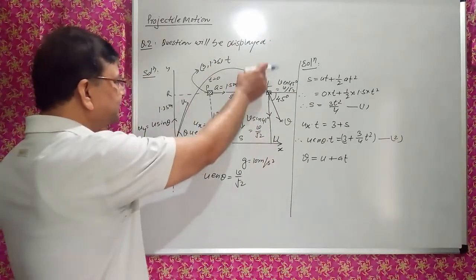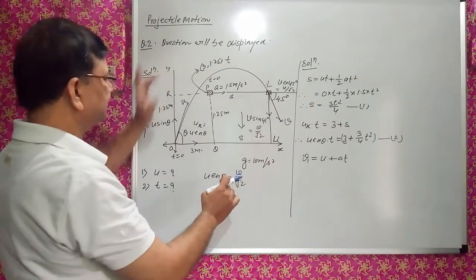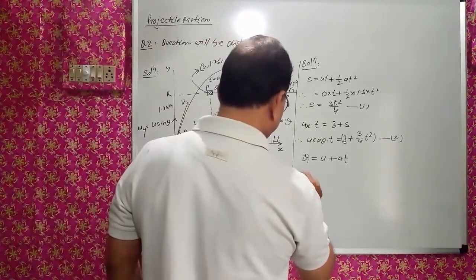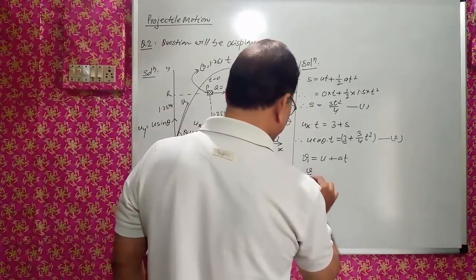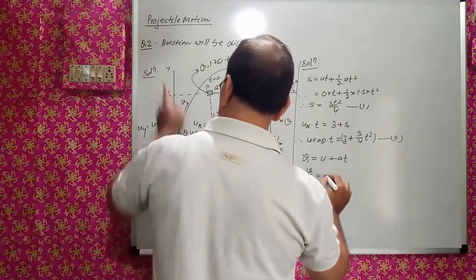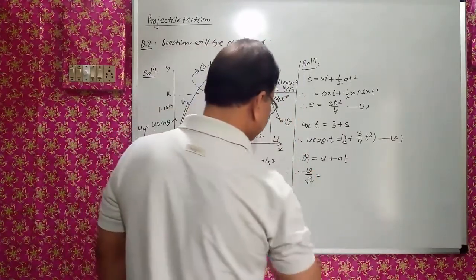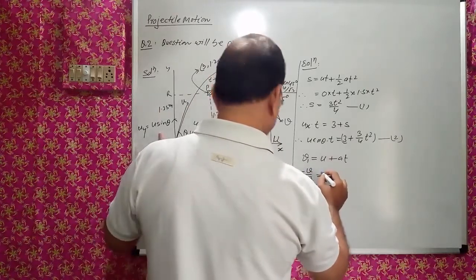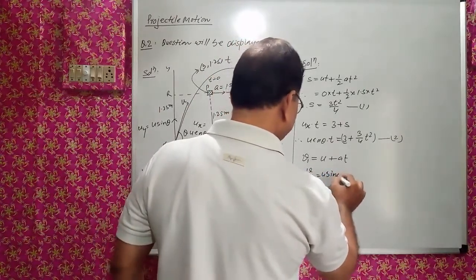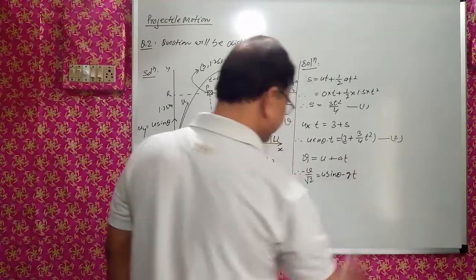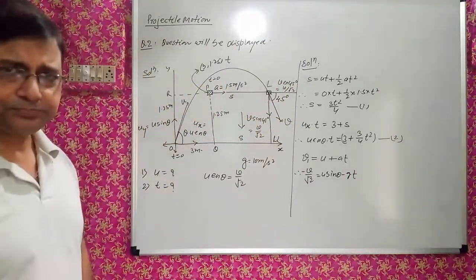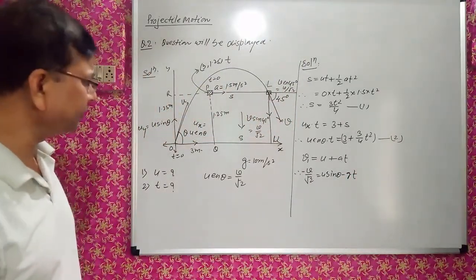After time t its velocity is downward, so v upon root 2 is equal to u sin theta, and since it is downward, we write a minus sign over here: u sin theta minus gt. We can write this very easily. There is no problem.